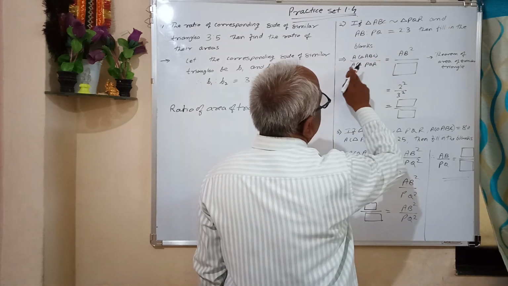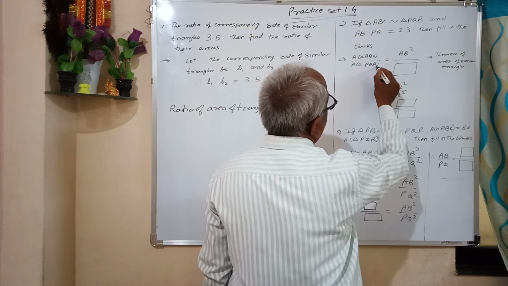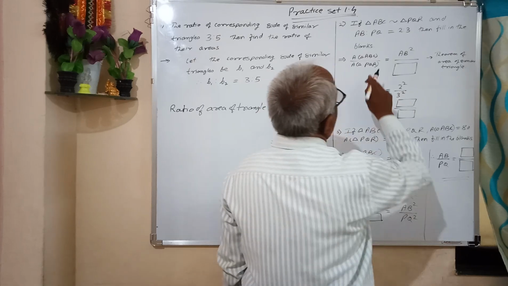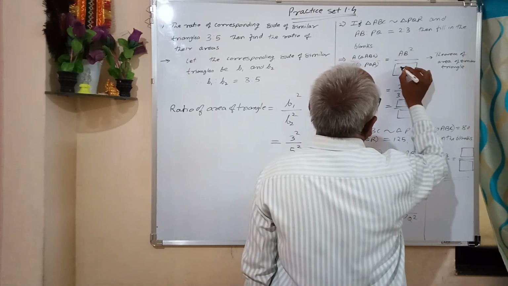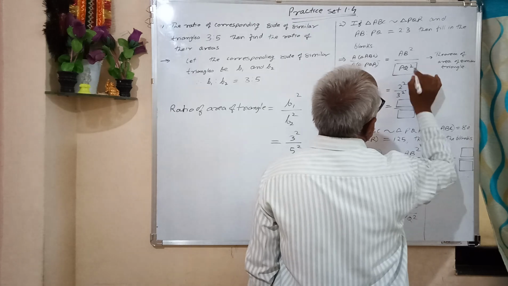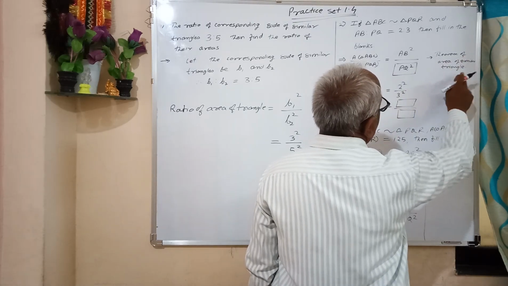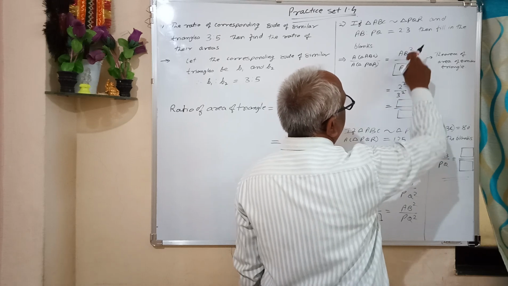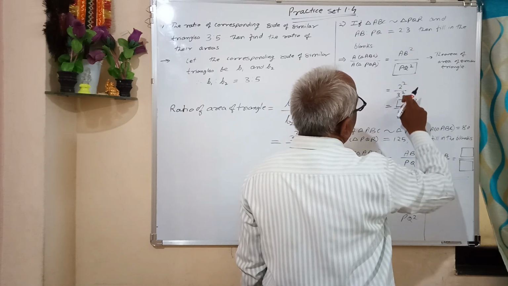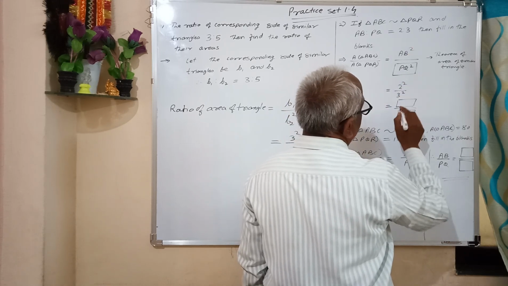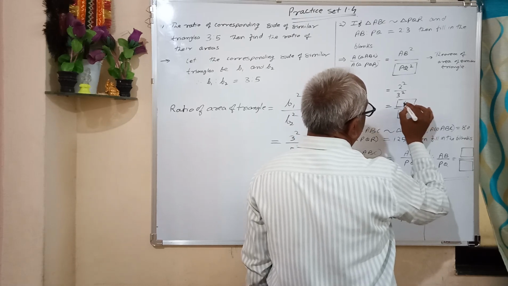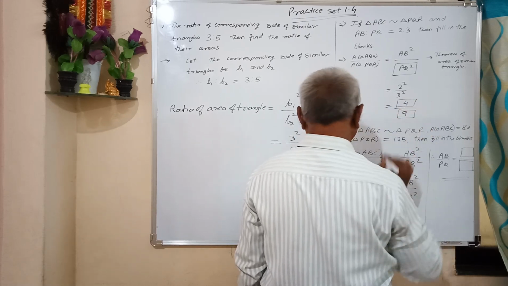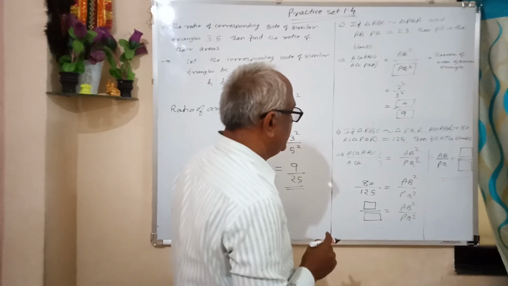Area of triangle ABC upon area of triangle PQR is equal to AB square upon PQ square. That is the theorem of the area of similar triangles. Values we have kept here: AB, that is 2 square, PQ, that is 3 square. 2 square is 4 and 3 square is 9. That is 4 upon 9.